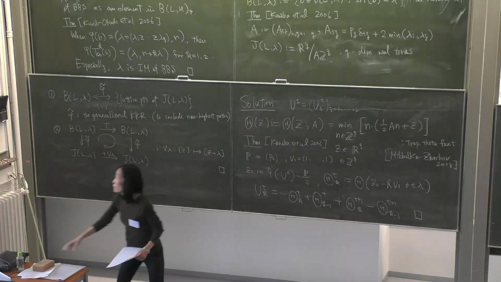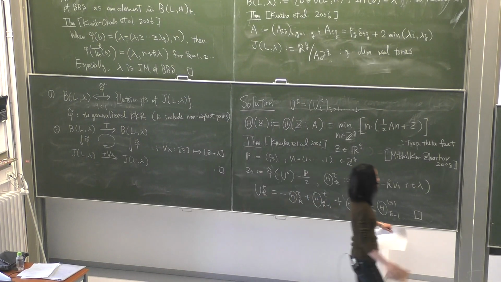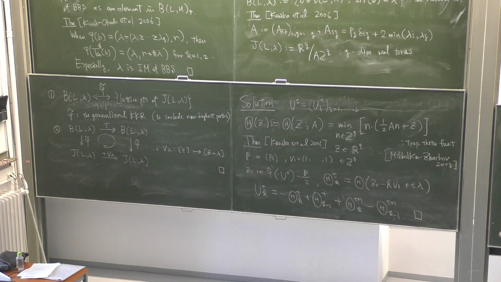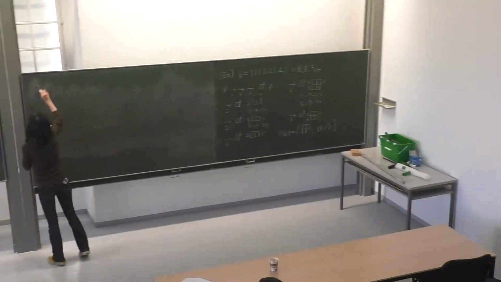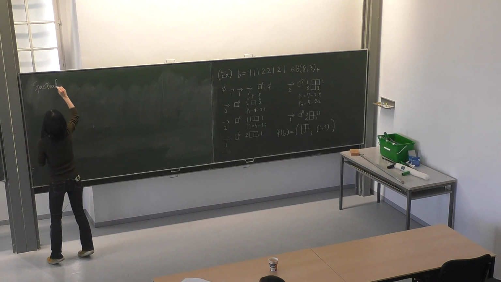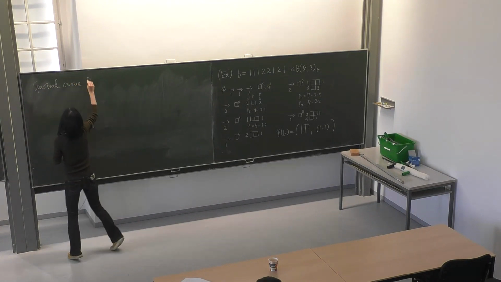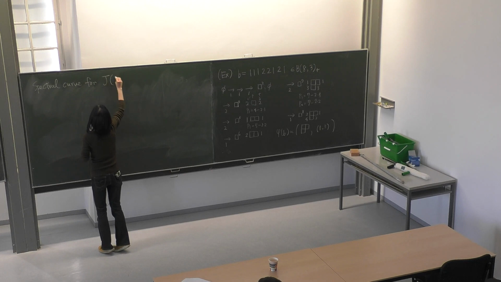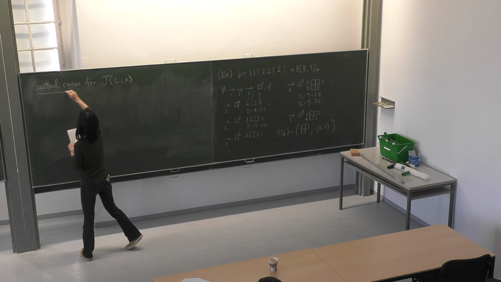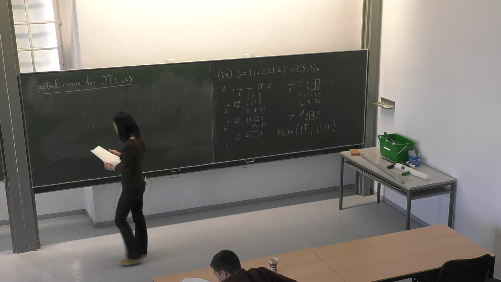And finally, I'd like to show how the tropical spectral curve for the G-dimensional real torus looks.